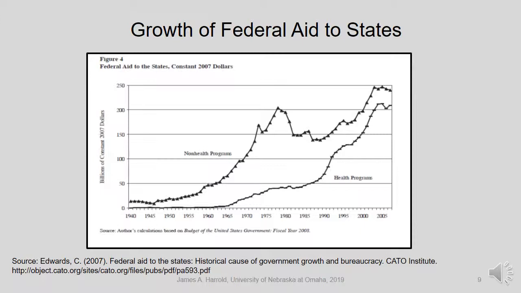And so this chart really talks about how federal money is a big part of state budgets now, and particularly since 1965 and the innovation of Medicare, health programs and funding from the federal government have become a very large part of state budgets. And up to the point where now in most states, about a third of the budget is from the federal government.